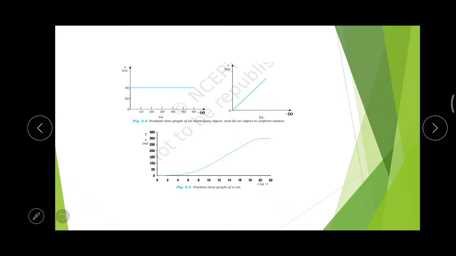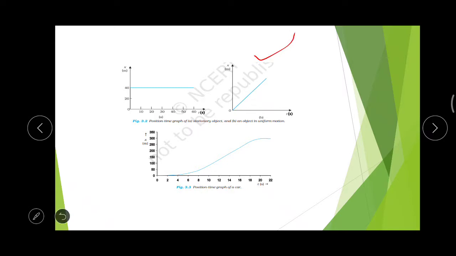We know that for a uniform motion, for equal intervals of time there will be equal changes in the path length, or the displacement will be equal for equal intervals of time. Hence, if you draw an x-t graph for a body in uniform motion, you will get a graph like this.